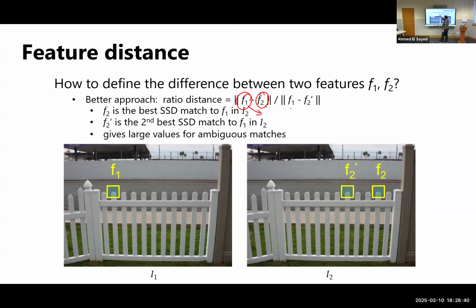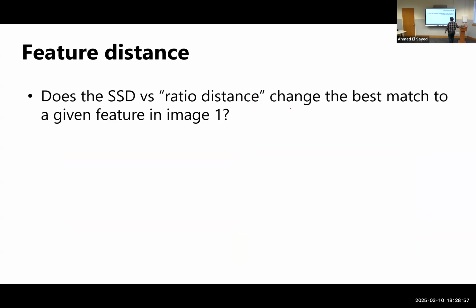So instead of working by pairs, this against this, no, I will find the ratio between this and the next close one. And I will do this against all the matches. Based on that, I will have a ratio distance, error distance, that can be used to work my match.